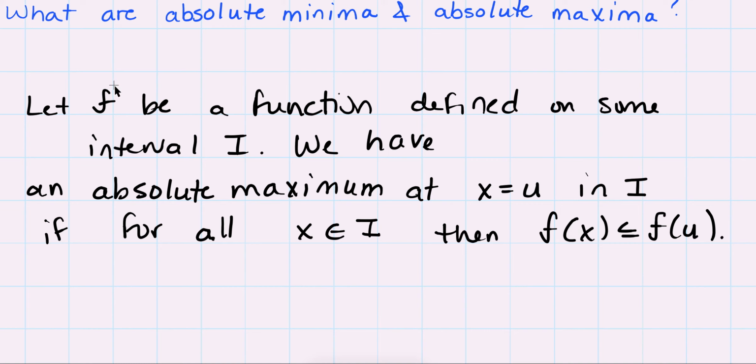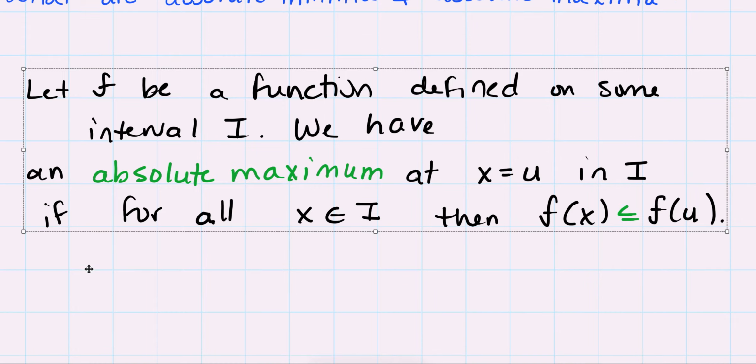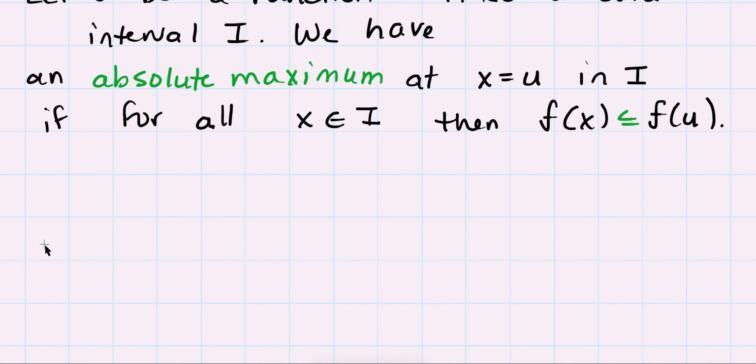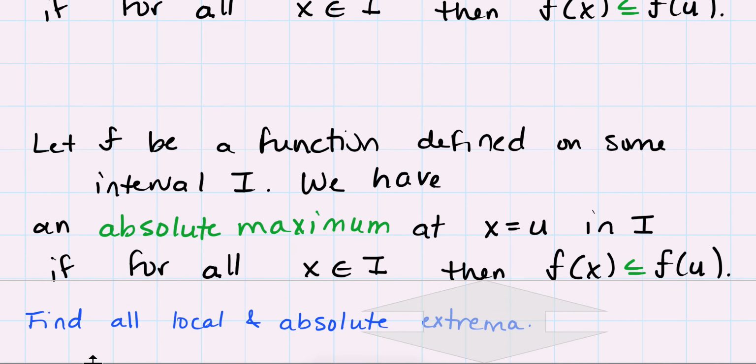I'm going to copy this. In fact, I'm going to change this color to green. I'm going to change this inequality to green. I'm going to copy this definition and then give you the definition of an absolute minimum. So we're going to have an absolute minimum.